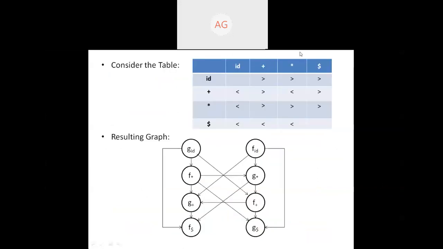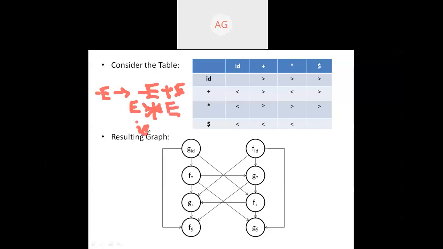This is our operator precedence table of the grammar we already discussed. This is our grammar: E produces E plus E, then E produces E into E, and E produces id.